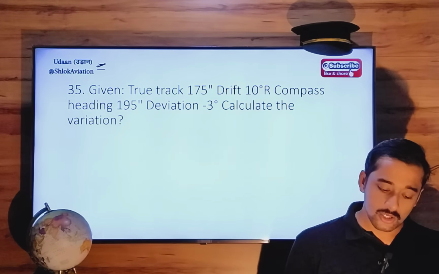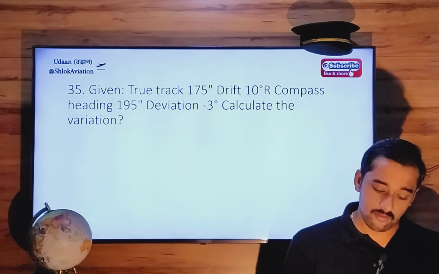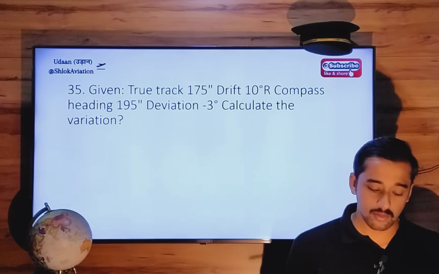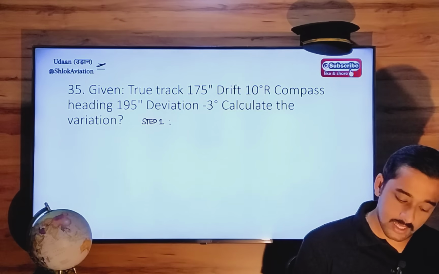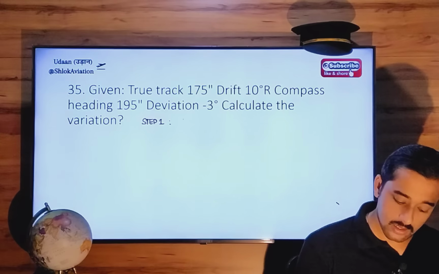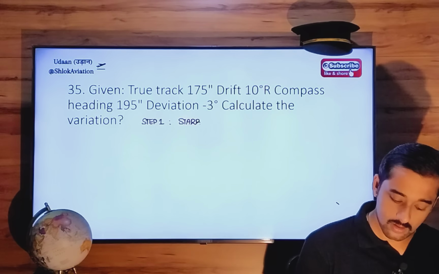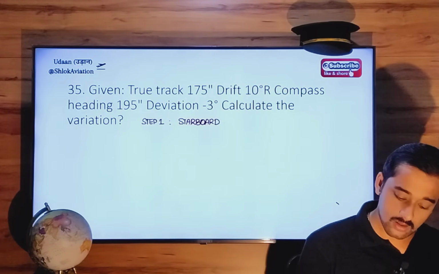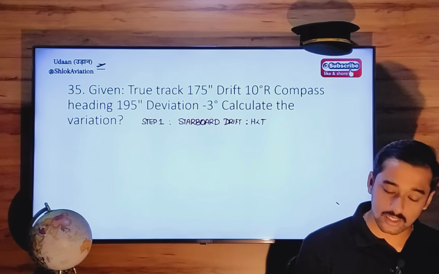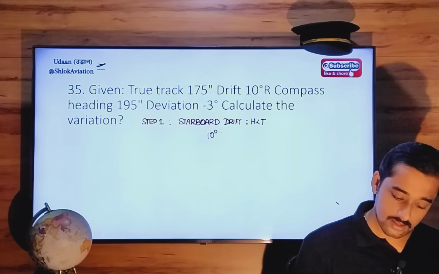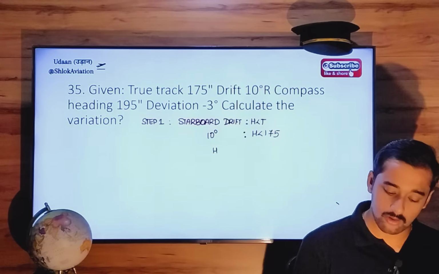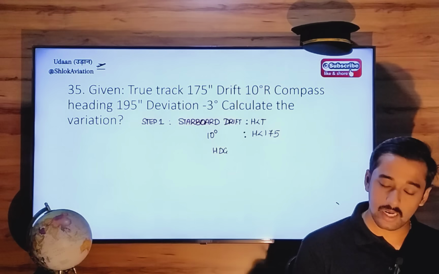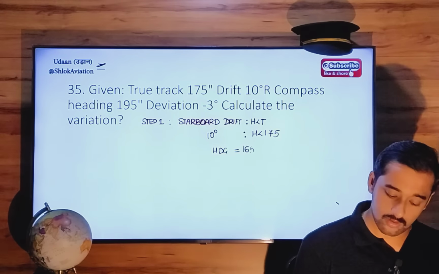Question 35. True track, drift given, compass heading, deviation given, calculate variation. Similar question. Step 1. Whenever there is a starboard drift, heading is less than track. So heading will be less than 175 and heading will be equal to 175 minus 10, 165.